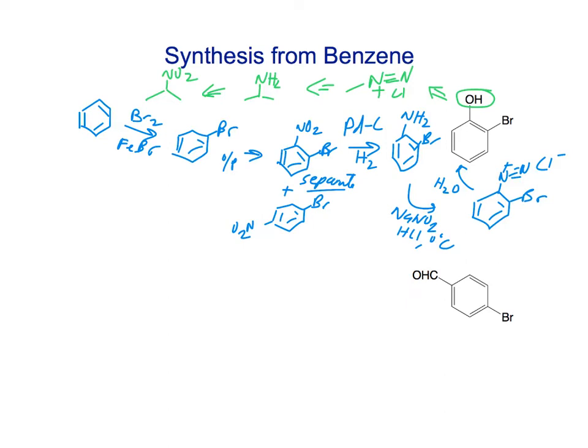Another interesting way that I was just thinking about, it would probably add too many steps, but sometimes you can do something like this. Let's say we get to the phenol, so some steps getting to here.